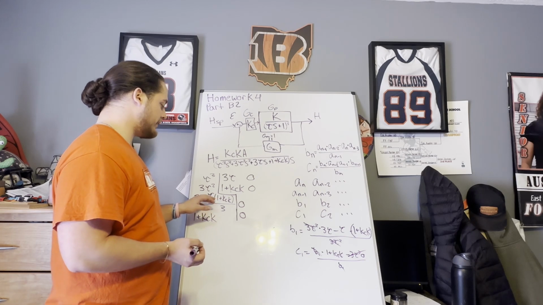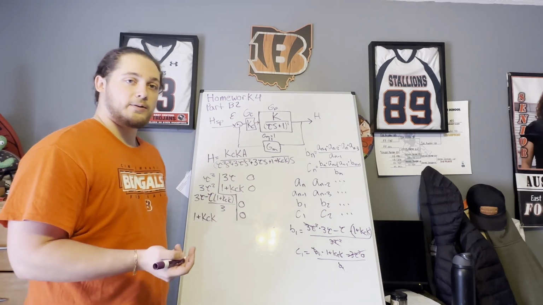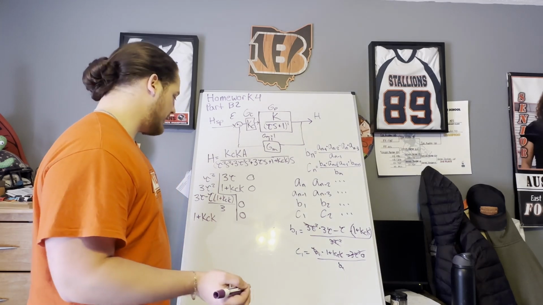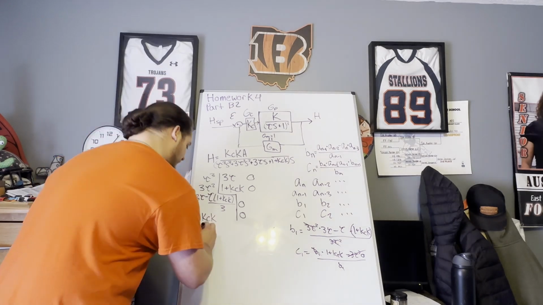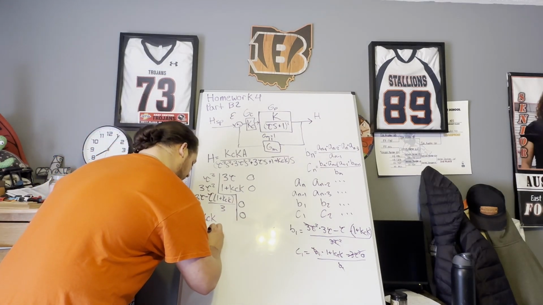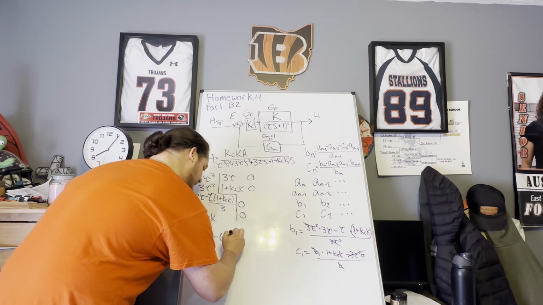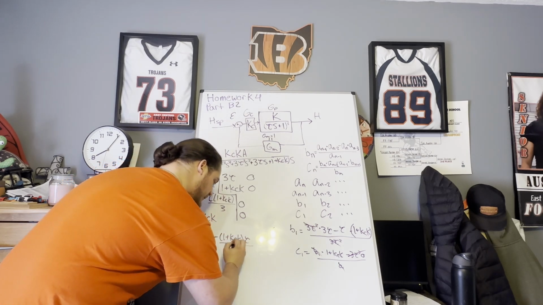However, we are subtracting tau times 1 plus kck. So this is going to be our determining coefficient for the criterion analysis. So moving forward, we can write that 3 tau minus 1 plus kck times tau, all over 3.